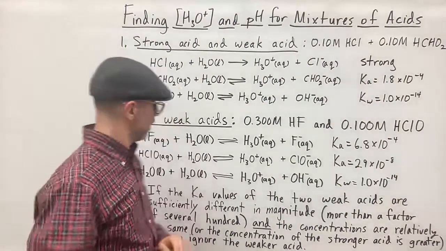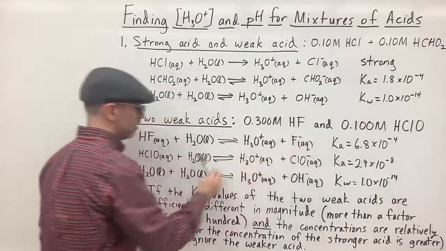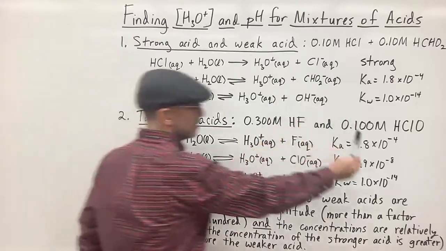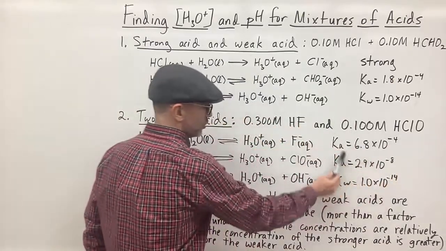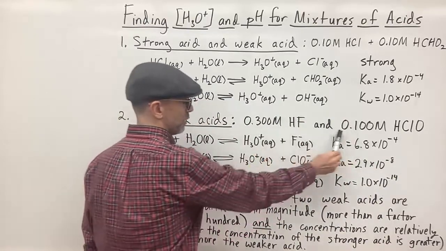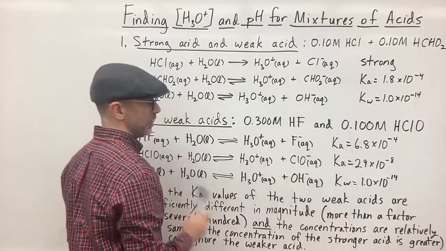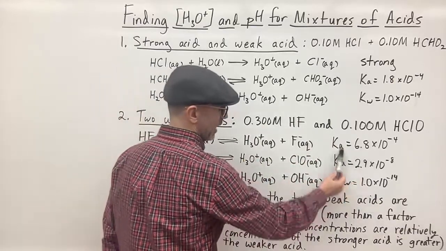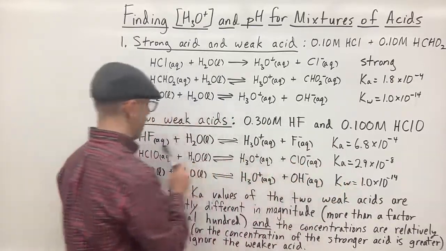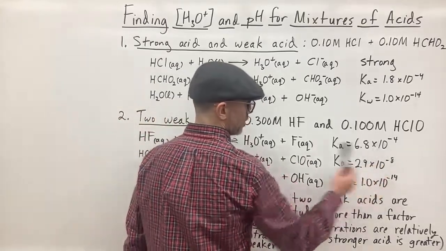So here, since we have HF, which is a weak acid, it's the stronger acid of the two, and we have more of it. So we don't have to worry about the difference in the concentration influencing this. And you'll notice that the Ka values for the two acids differ by well more than several hundred.